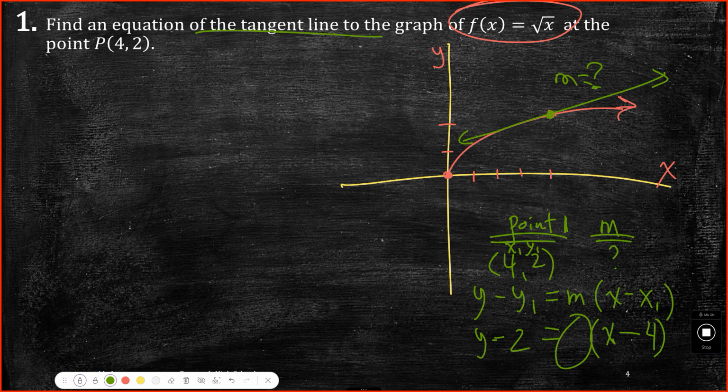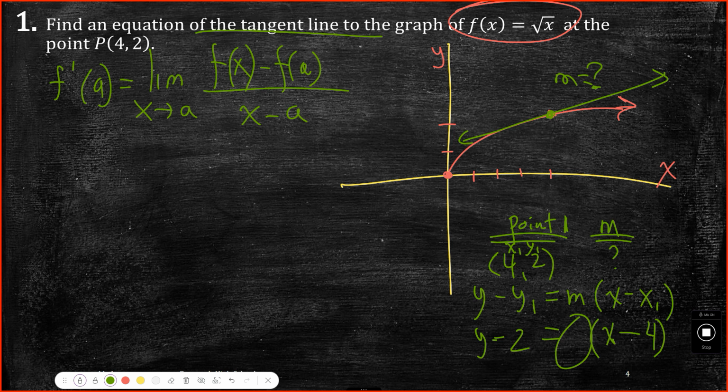We're going to use one of the two definitions of the derivative. Let's go ahead and use the second definition. It doesn't matter which one you use. f prime at a is equal to the limit as x approaches a of f of x minus f of a over x minus a.